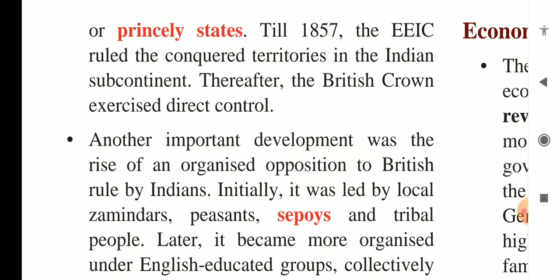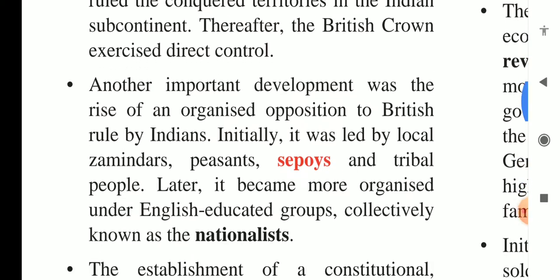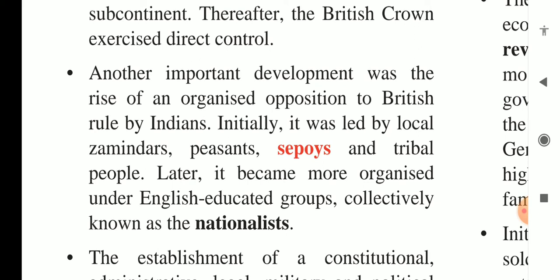Another important development was the rise of an organized opposition to British rule by Indians. As we discussed earlier, many were fed up with British rule because the British were very biased and did great injustice to Indians.